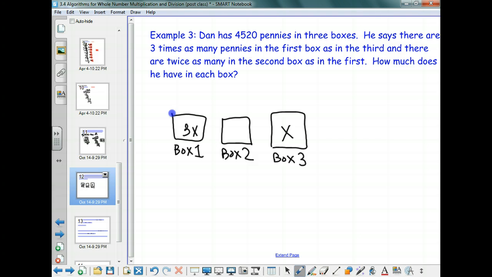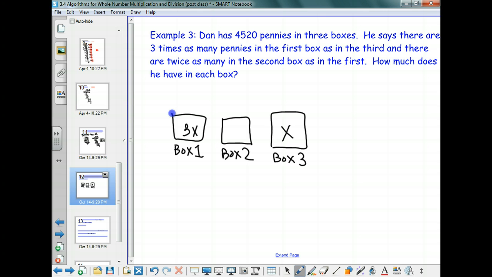But I'm just curious, at an elementary level, how would you do that? Where they don't have variables. You would probably use more of a guess and check kind of idea, which would be okay too. So we would pick a number for X and say, oh, there's 100 pennies in the last box, and then we would triple it, and we could work from that perspective. Yes, you definitely could.